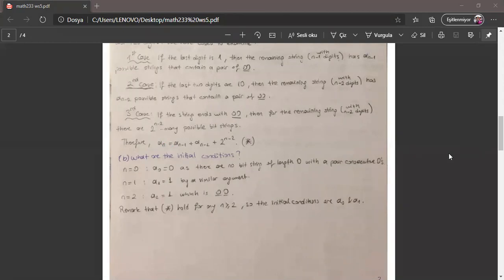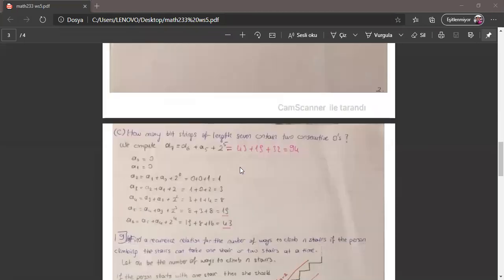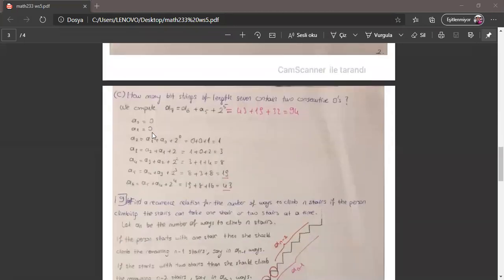So a1 should be 0 here. So the result is correct then. Now we compute the number of bit strings of length 7 that contain 2 consecutive zeros.